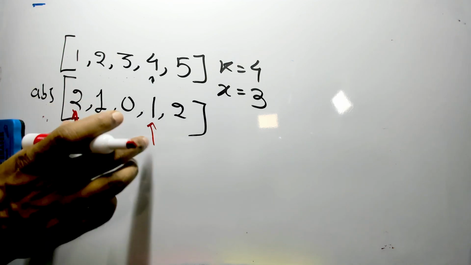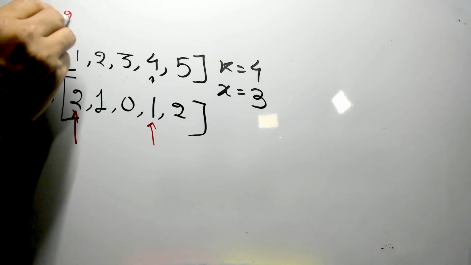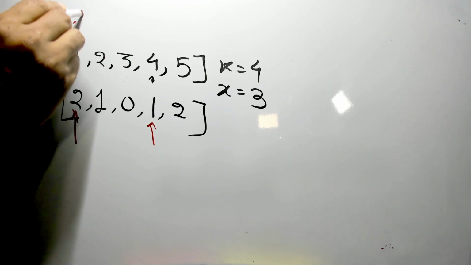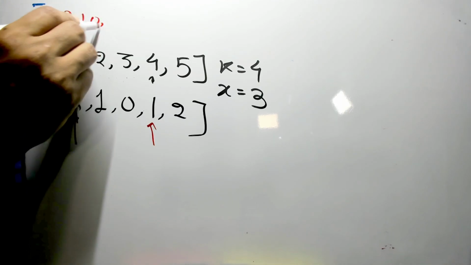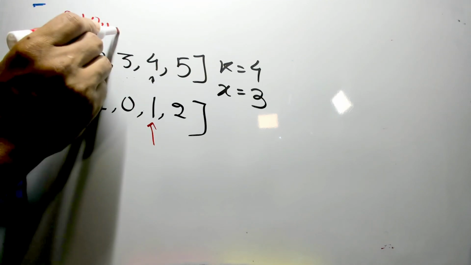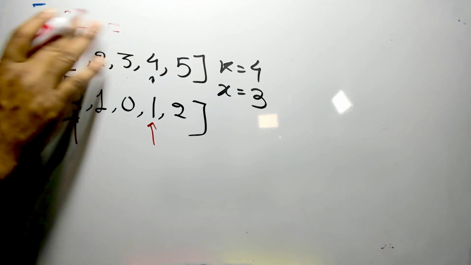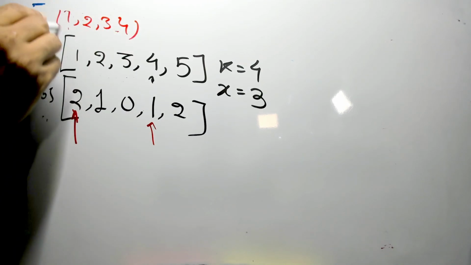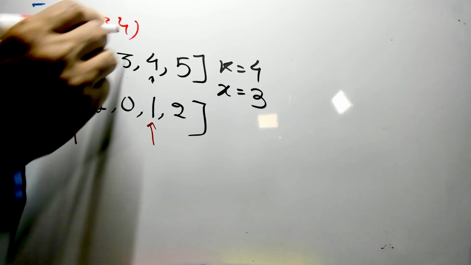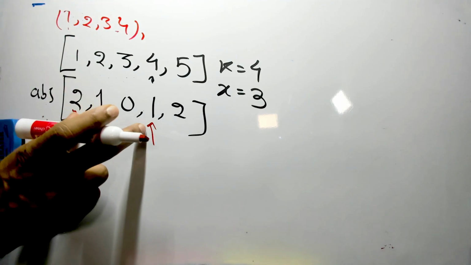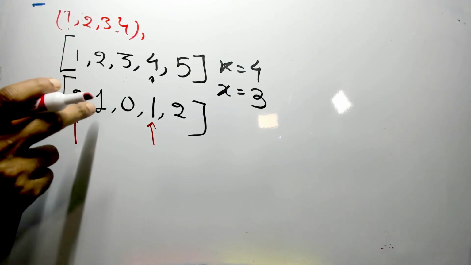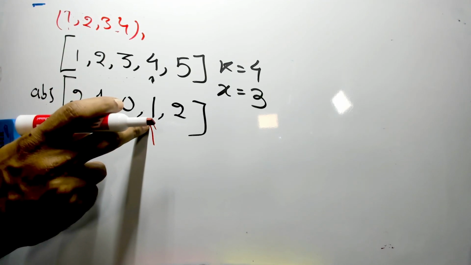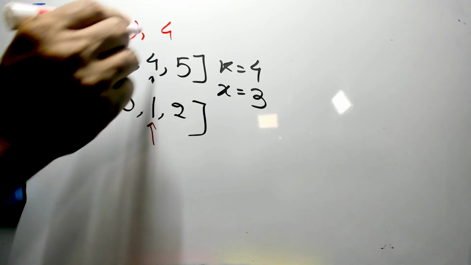Let's consider our first result will be absolute values 2, 1, 0, 1, which translates to the result 1, 2, 3, 4. This is our initial result, and our initial sum will be the sum of those absolute values, that is 2 plus 1 plus 0 plus 1, that is 4.